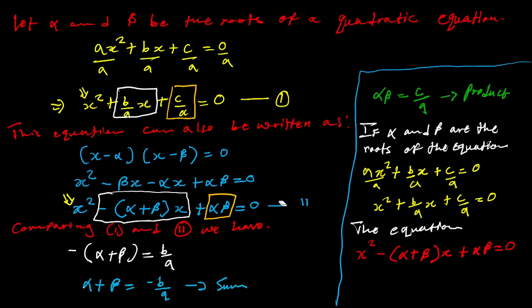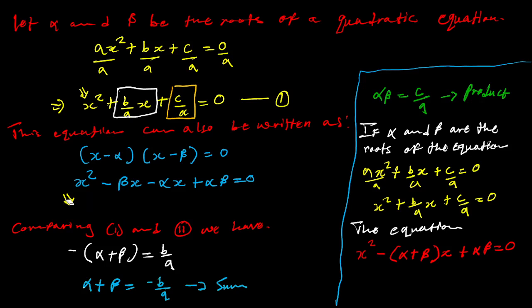Basically, what you have to know is we are making alpha and beta the roots of that particular quadratic equation, and the quadratic equation which we are relating it to is x squared plus b over a x plus c over a, which should be equal to 0.